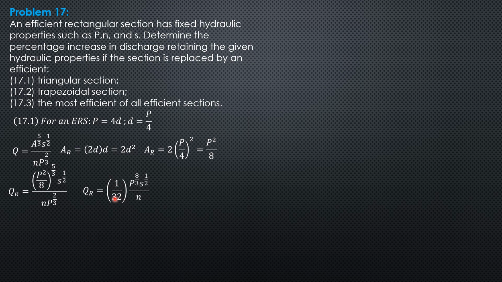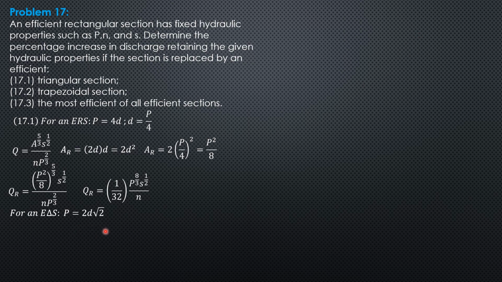So this is the constant for the discharge of an efficient rectangular section in terms of perimeter and slope and N. Now for an efficient triangular section, the perimeter, remember, is 2D square root of 2. The slant side, remember, is D square root of 2 times 2.